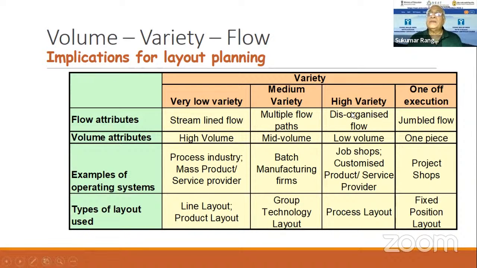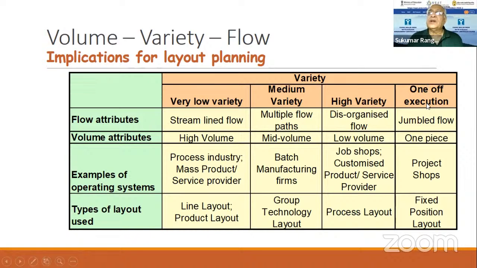High variety, where there is a totally disorganized flow. When there is very high variety, the change from one to other itself will need changes in the machinery. So technologies like single minute exchange of dies will come into picture, where there is a high variety of change that is needed.